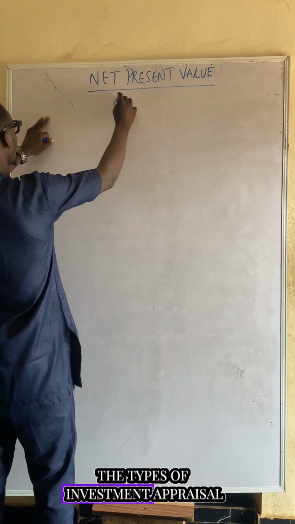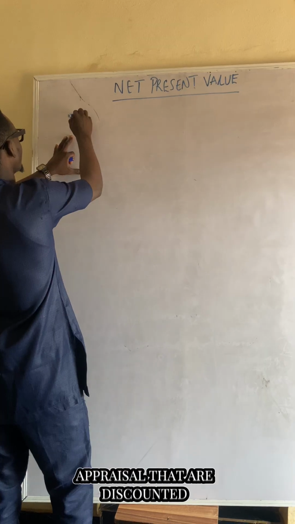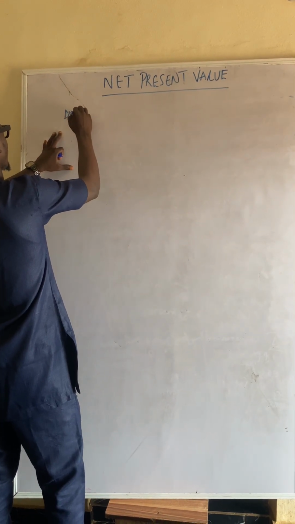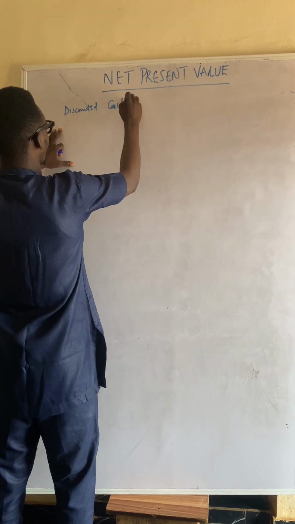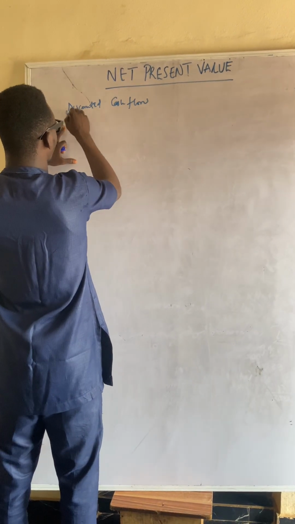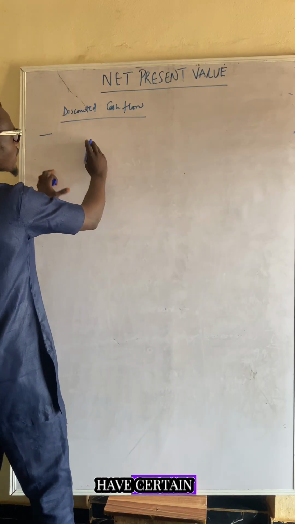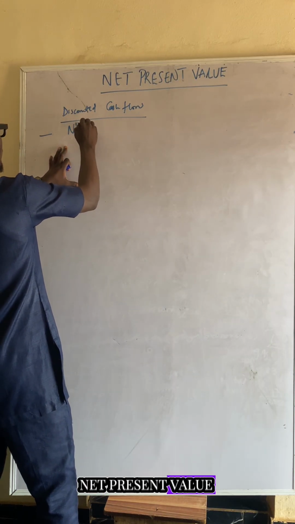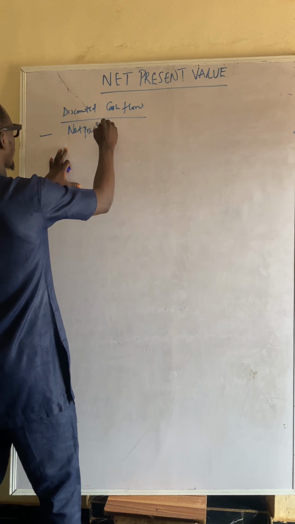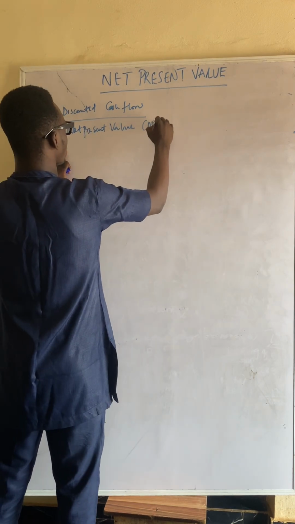the types of investment appraisal. We have investment appraisal methods that are discounted cash flow. Under the discounted cash flow, we have examples like the net present value, NPV.